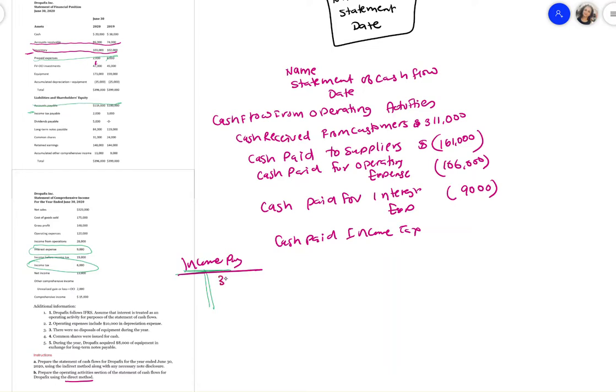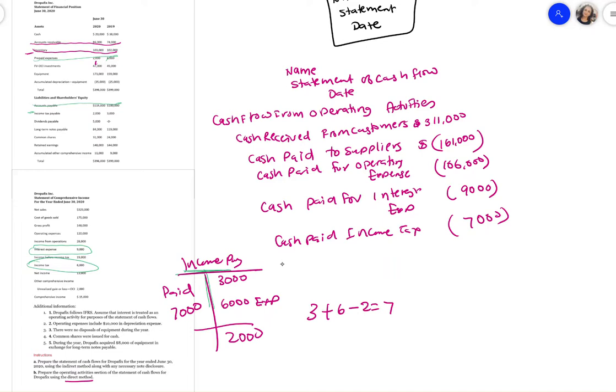We started off with 3,000 and we know we are going to end up with 2,000. My current year's expense was 6,000. We want to know how much we paid. So 3,000 plus the 6,000 minus the 2,000 equals 7,000. The cash we paid was 7,000.